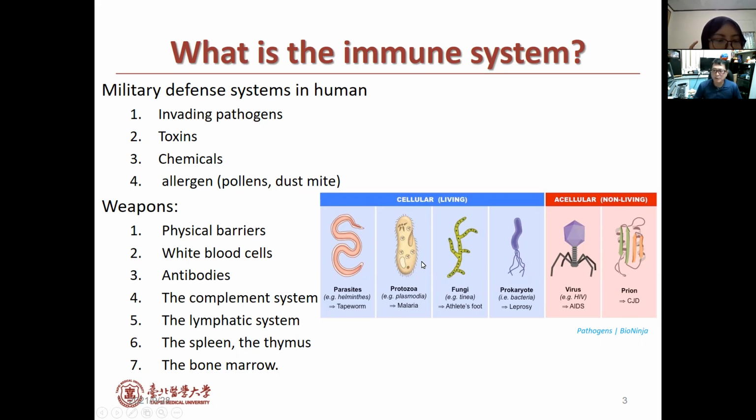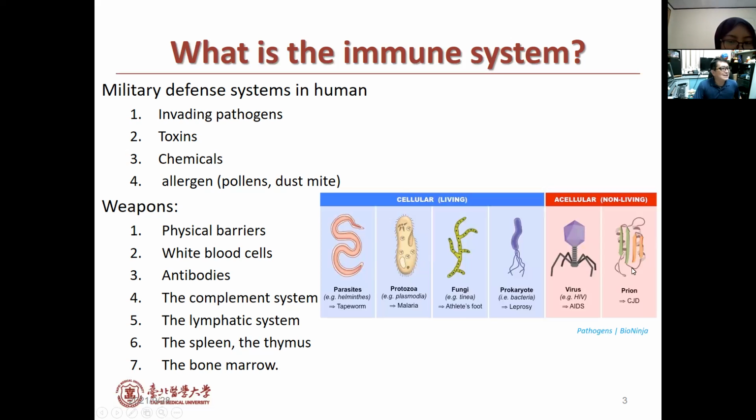Did you know that before the lecture? Number five is the lymphatic system. Number six, the organs for maturation of B cells, or differentiation into different types of white cells, in bone marrow. A lot of hematopoietic stem cells live in there. And number seven, in the end, you are going to learn what allergy is.